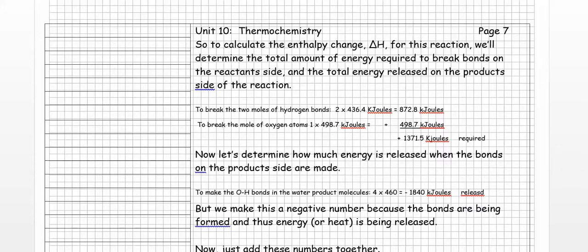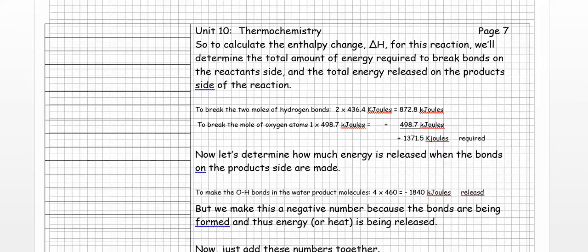That's 498.7. So now let's add those up. My calculator gives me 1,371.5 kilojoules. So that's how much energy is required: 1,371.5 kilojoules of heat.